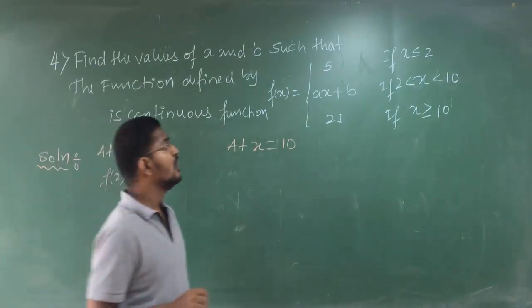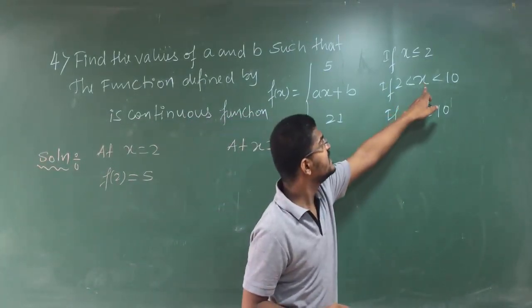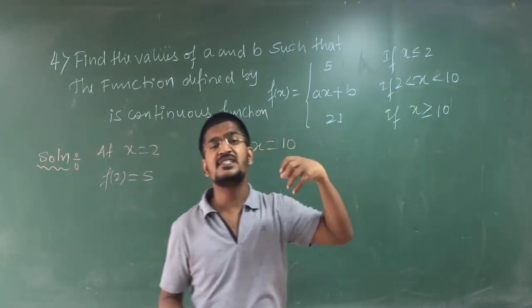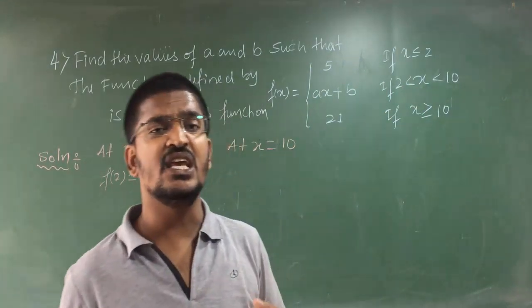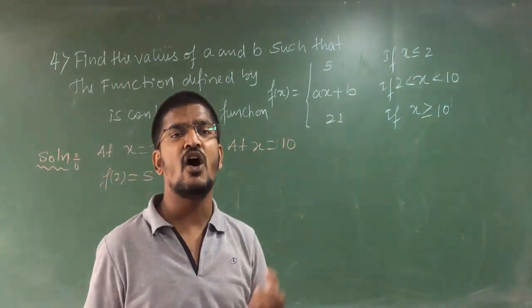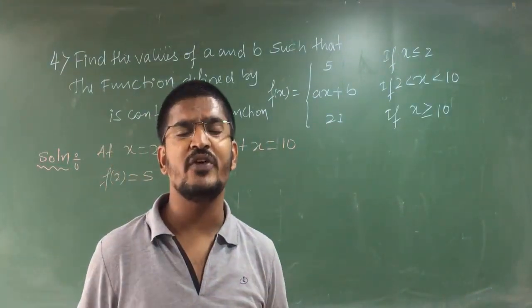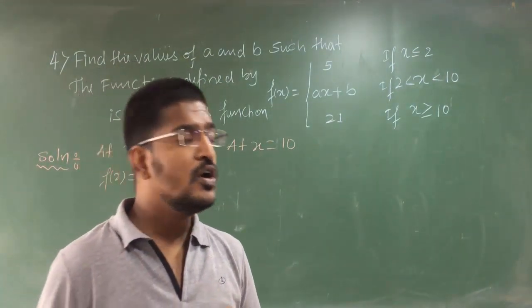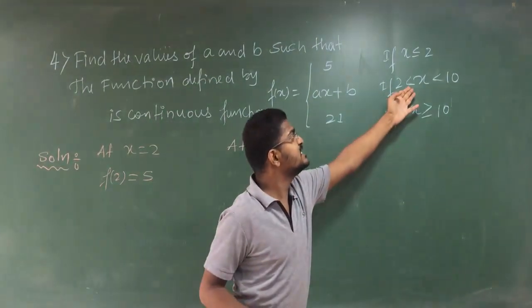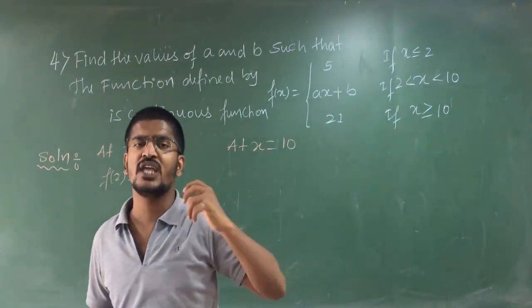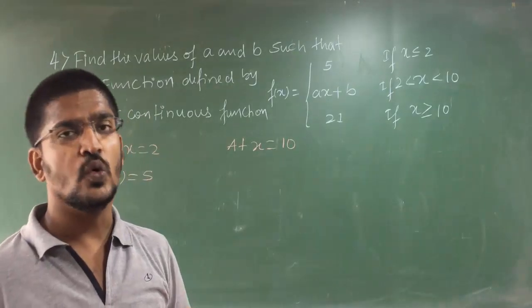Clear? Come to the next one. x is greater than 2 means it is the right hand limit of the particular function. The right hand limit as x tends to 2. So here it is given that x is greater than 2, so we have to take the right hand limit at 2.